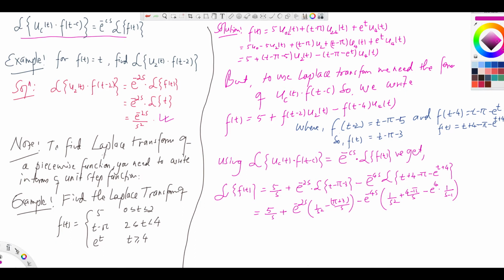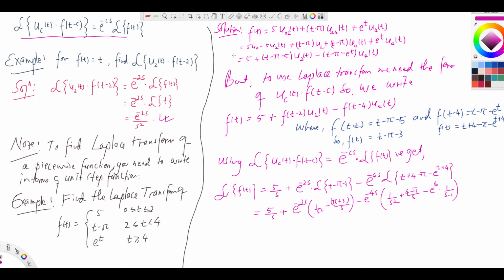Now, to find the Laplace transform of a piecewise function, I think I discussed this already. You need to write it in terms of the unit step function first and then you take the Laplace transform. For example, find the Laplace transform of this function. This is a piecewise function, right? It is 5 between 0 and 2, t minus pi between 2 and 4, and e to the t for greater than or equal to 4.